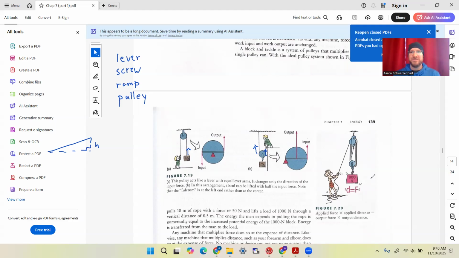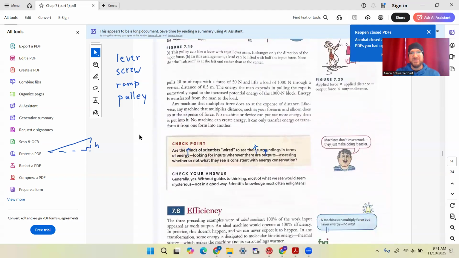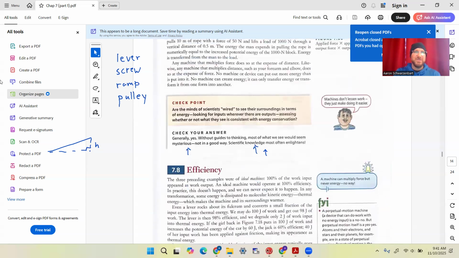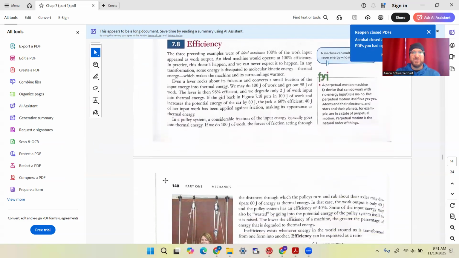Ideal machines have no friction. They have no additional force. So my simple machines, yes, a pulley does have actual friction. So generally you need to exert a little bit more force than you get out, which means you're essentially doing more work than what you get out.